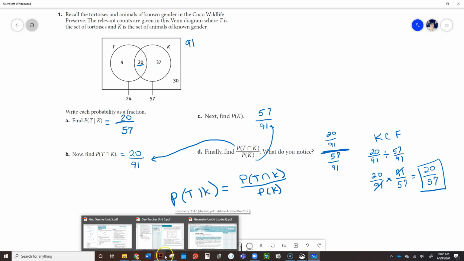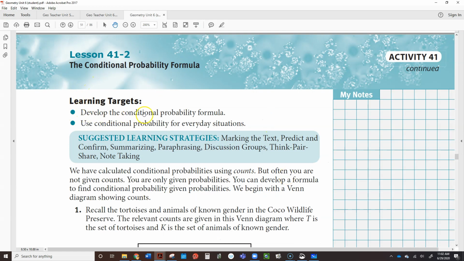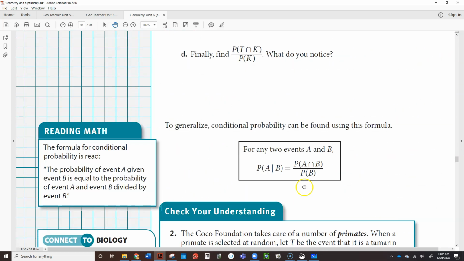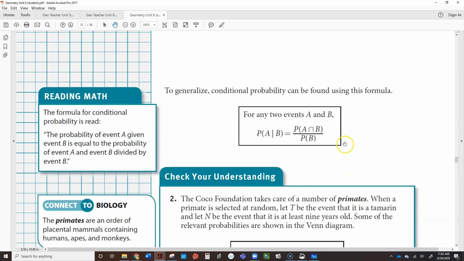So when you go back over here, it says develop the conditional probability formula. We just did. So the formula that we learned is this one right here. For any two events A and B, the probability that A, given that B has already happened, is the probability of A and B happening divided by the probability of B. So the known right here goes on bottom and their intersection goes on top.